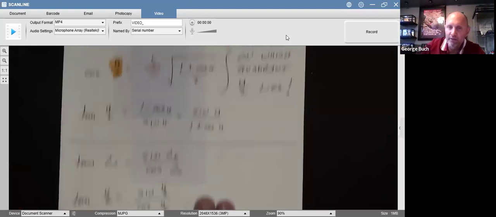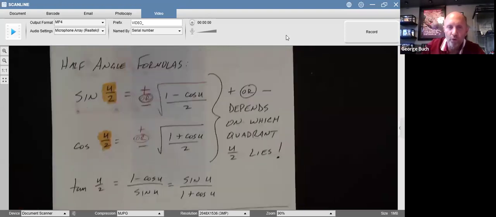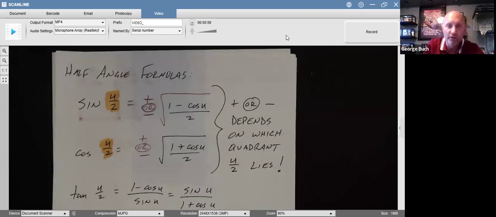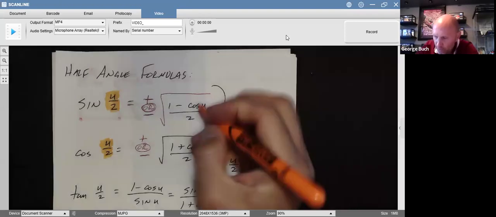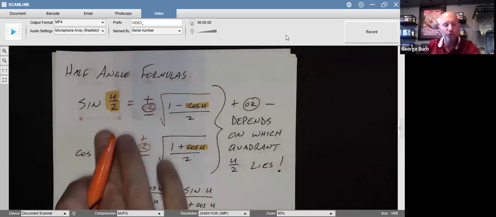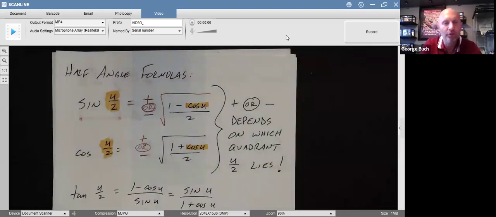The biggest thing, and I know it's one of the more confusing concepts we will cover this semester, these half angle formulas, is deciding which quadrant we are in, then go ahead and apply the formula. And the other thing to note is this is just cosine of u, so I'm not worried about u over 2 anymore. We'll see in the examples how we are going to work these half angle problems.